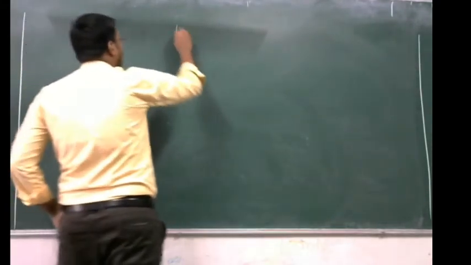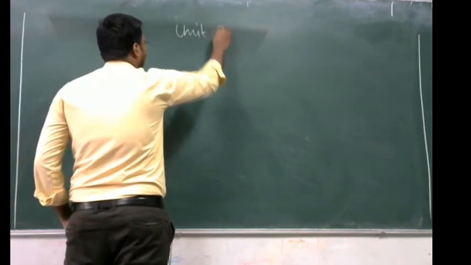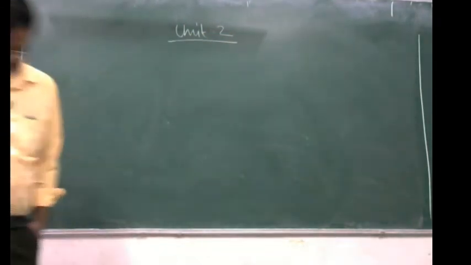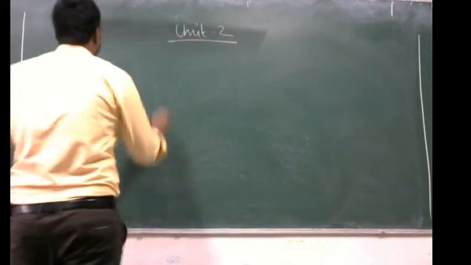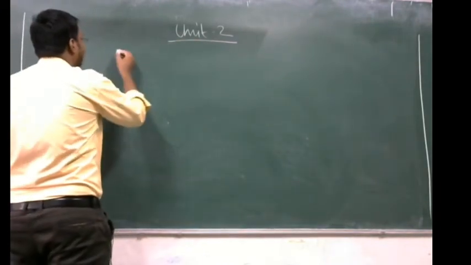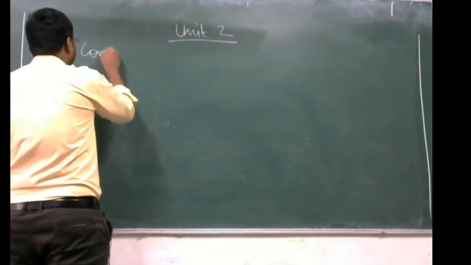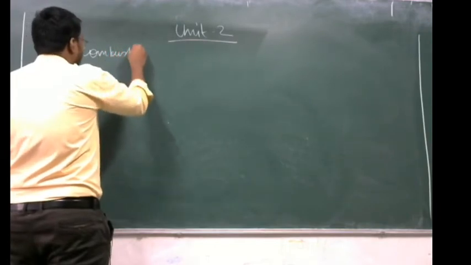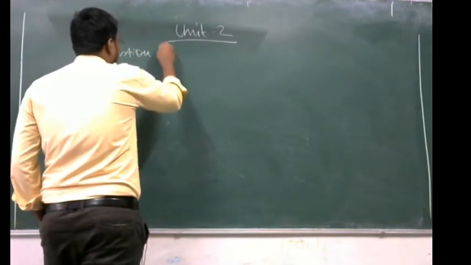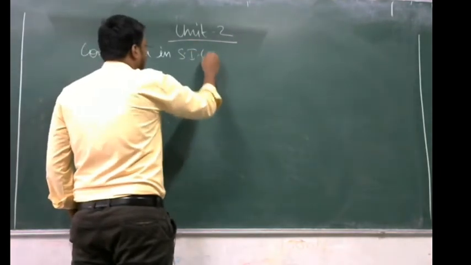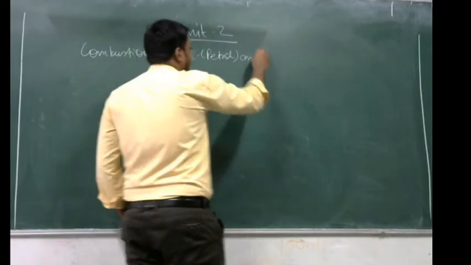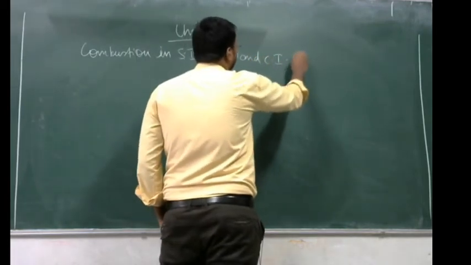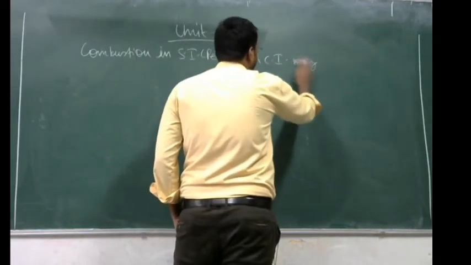Now unit 2 basically consists of combustion in SI engine, SI means petrol, and CI engine, CI means diesel.